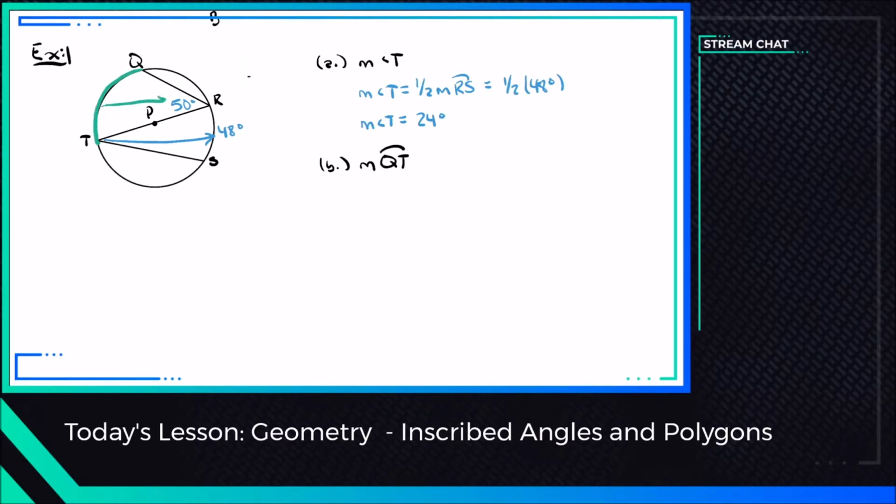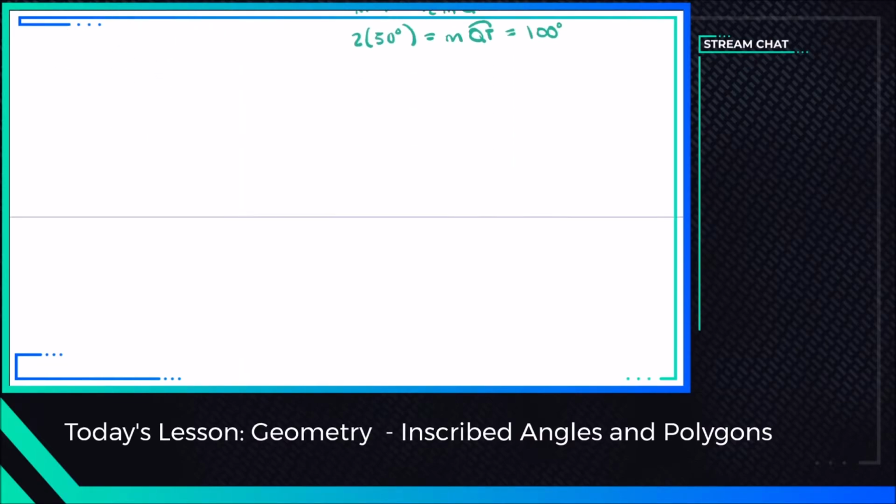It is associated with angle R, and we know that the measurement of angle R is equal to 1/2 the measurement of arc QT, or in other words, 2 times 50 degrees, which is the measurement of angle R, is equal to the measurement of arc QT, which is equal to 100 degrees. Doing a little bit more with this is going to lead into a theorem.